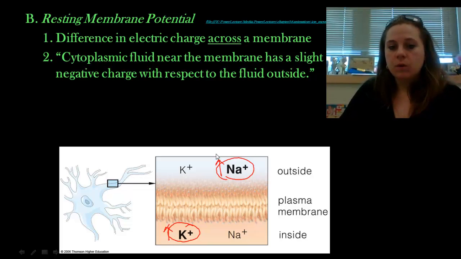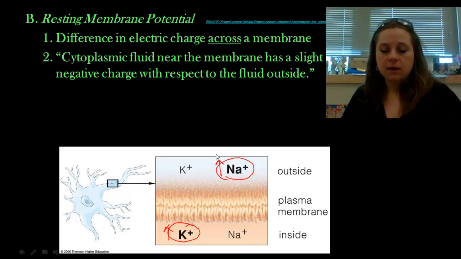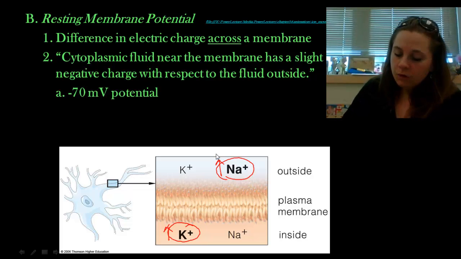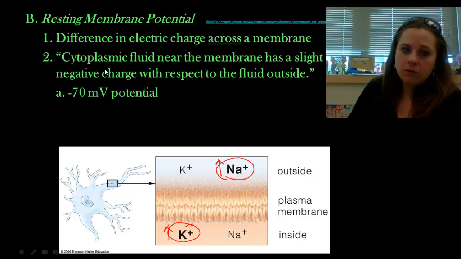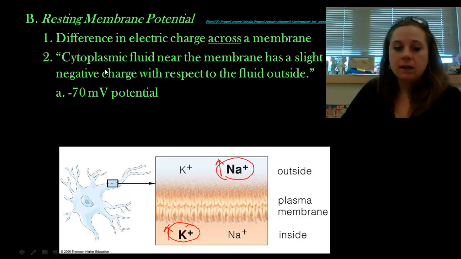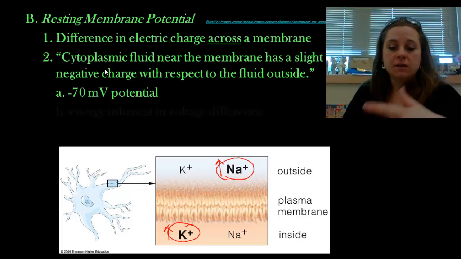So the sodium is way higher outside than in, potassium way higher inside than out. And this is going to play a role in how that signal gets sent down. The voltage reading is around negative 70 millivolts across that membrane. And this is where it sits at rest.